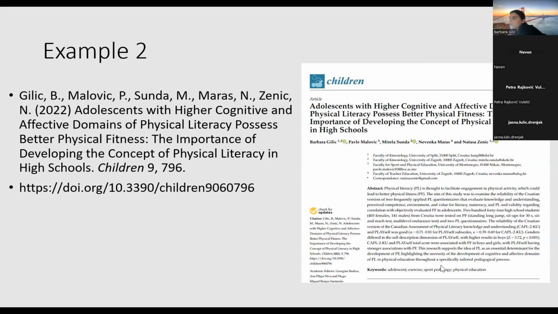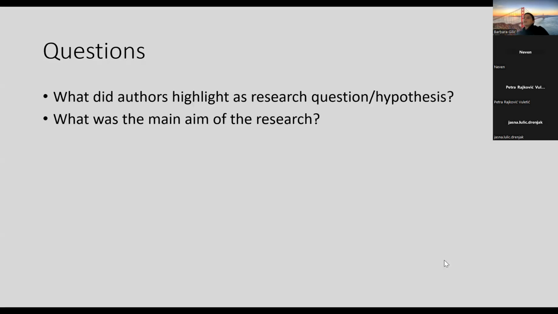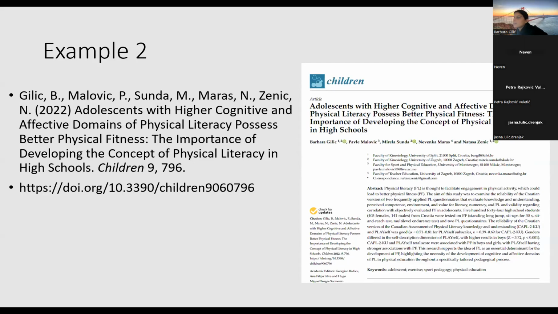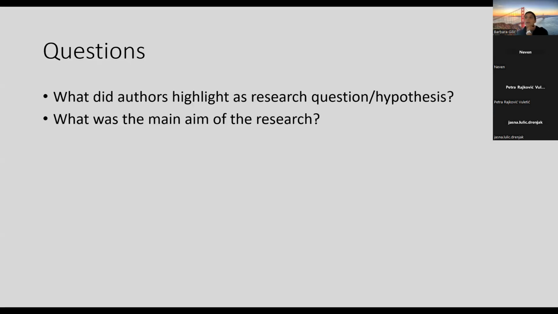The question is whether physical literacy is associated with physical fitness in adolescence, and the main aim was to investigate whether physical literacy is an essential determinant for physical fitness during physical education classes, and that was actually the main aim of this research.